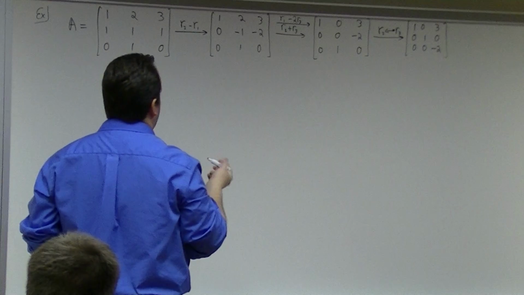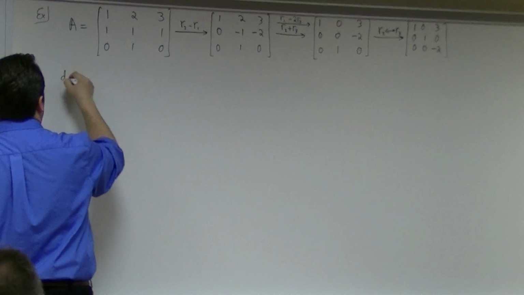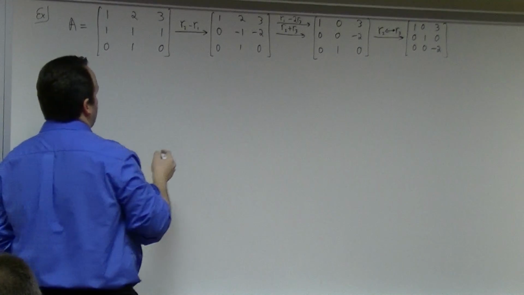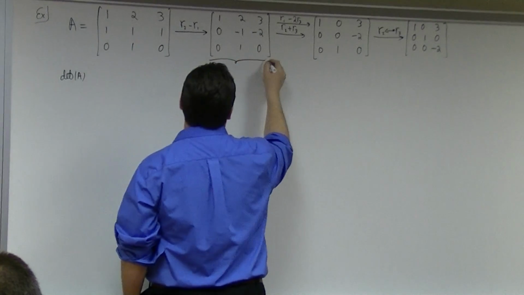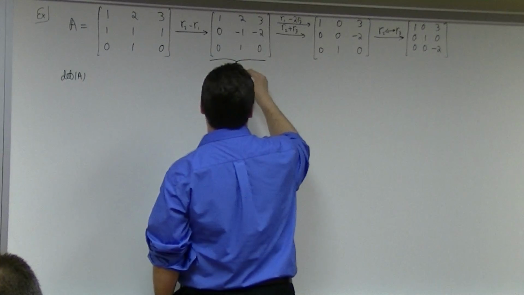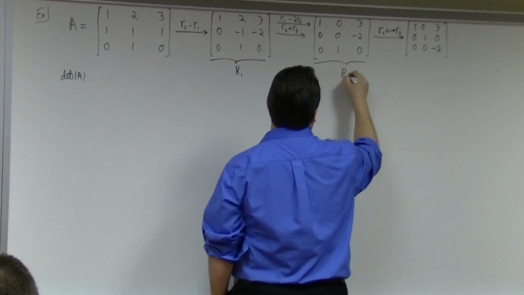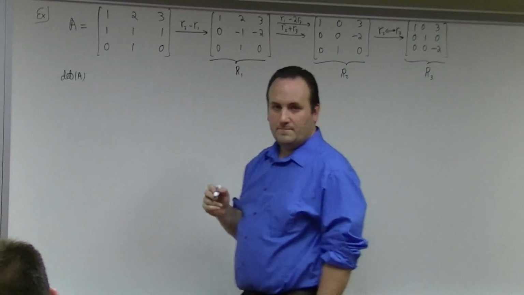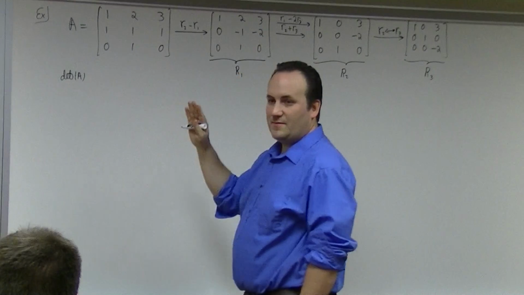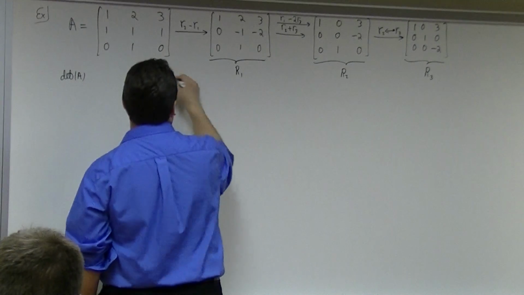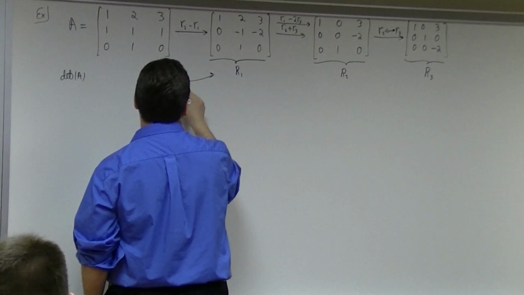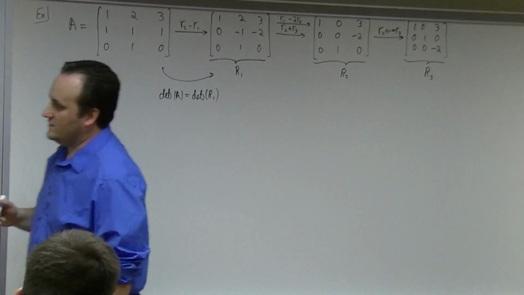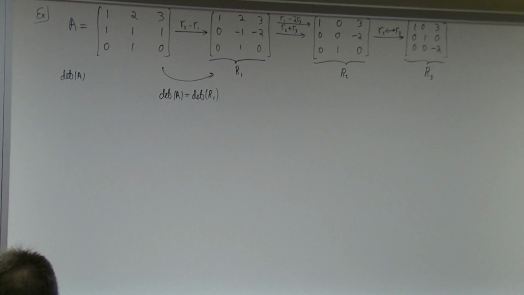So here's the game you can play. Think about the determinant of A, then row reduction 1, row reduction 2, row reduction 3. You can relate the determinants at each step. Going from here to here, the determinant of A is equal to the determinant of R1, using number 7 up here.